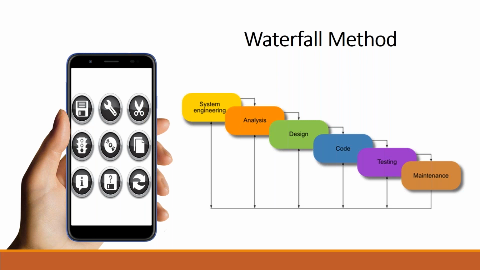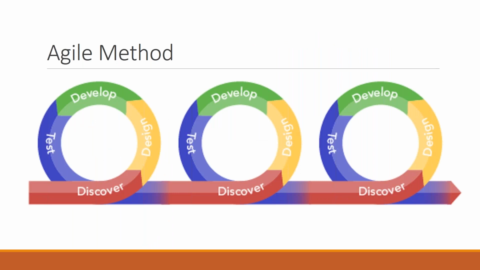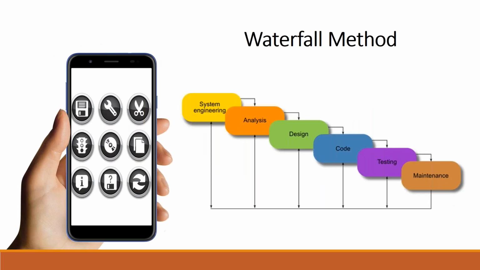In order to overcome these drawbacks, later on in 2006 or 7, Agile came into the picture. Now in Agile, the total requirement will be cut into pieces. Here, if you see, I have a total of 9 buttons.